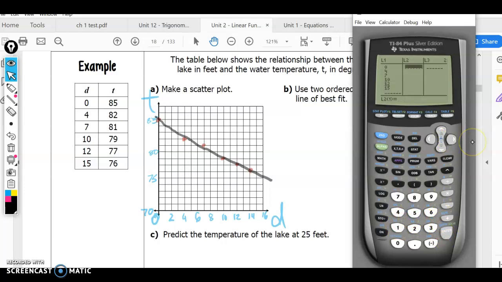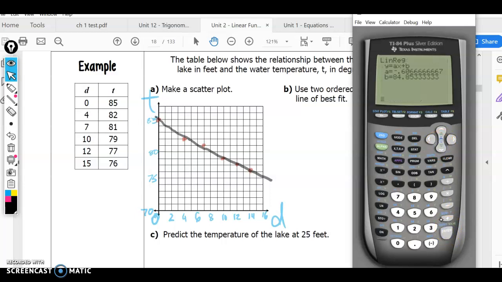Pressing the right arrow to get to L2, that's where the temperature values will go: 85, 82, 81, 79, 77, and 76. Make sure that you have the same amount in L1 that you do in L2, same data values. Next, you're going to press stat again, then go over to calculate, and we are going to calculate LinReg, which means line of best fit.